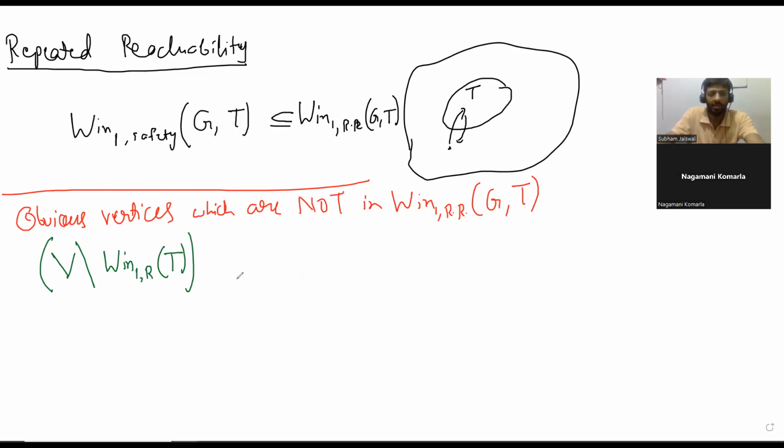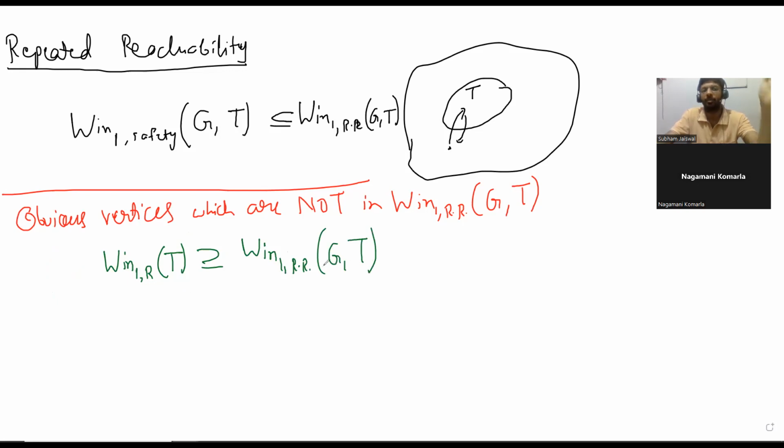I should first say it like this. Let's just parse this. Those vertices from which you can go into T infinitely often are certainly contained in those vertices from which you can go into T at least once. This is our obvious statement.